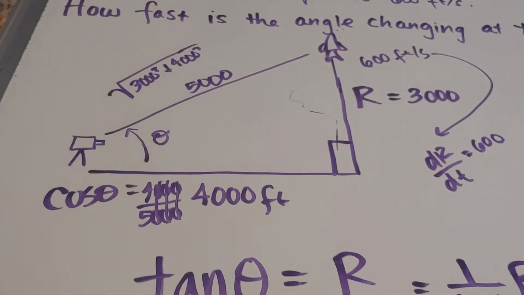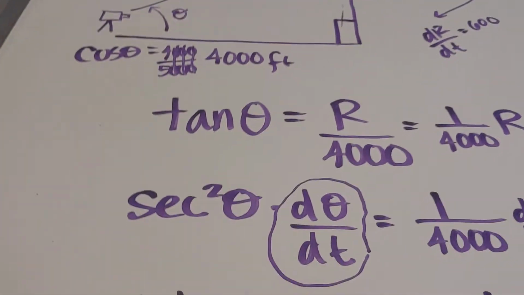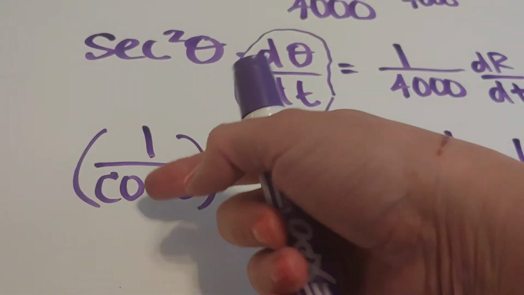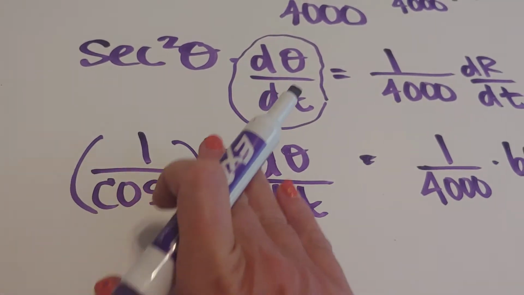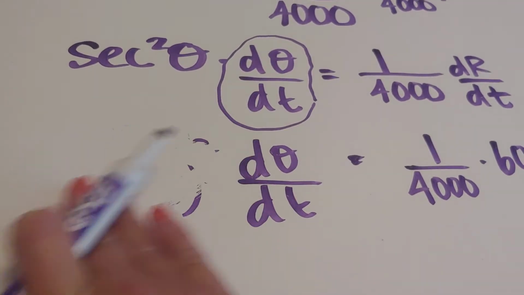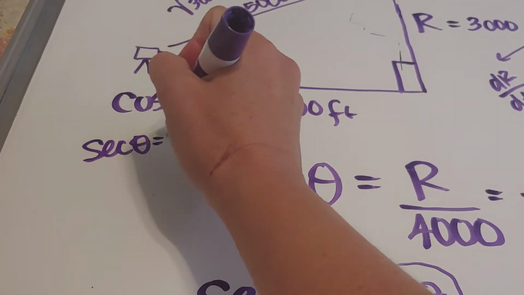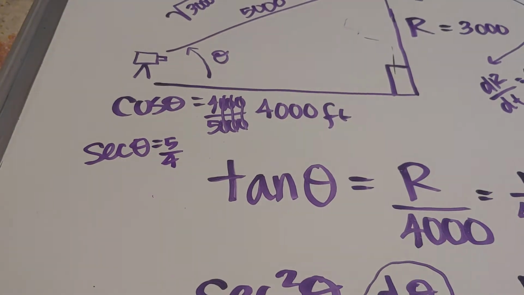If cosine is 4/5, then that means that the secant is 5/4. I think that'll be a little bit cleaner.